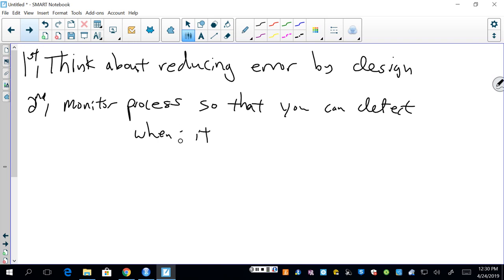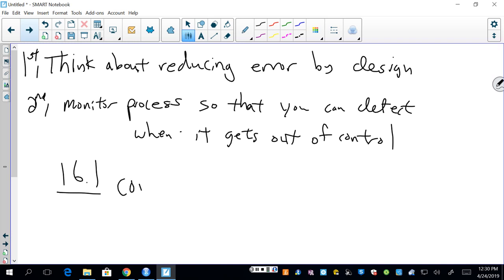There's a number of methods that are described in chapter 16. The first one we're going to look at, 16.1, is called control charts, based on the sample average.